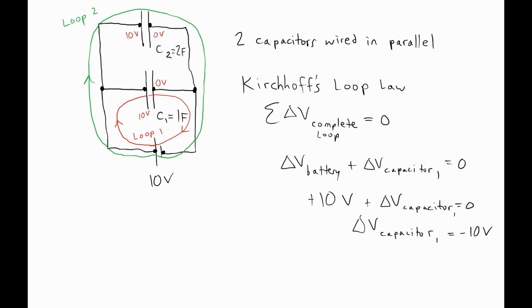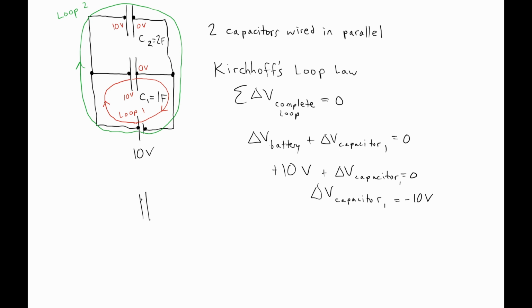Okay, so now that we've labeled the potentials, we want to simplify the circuit to figure out how much charge exactly goes on each capacitor. So the way we simplify it is to create a new circuit diagram based on the old one, where we replace the 2 capacitors with just one.